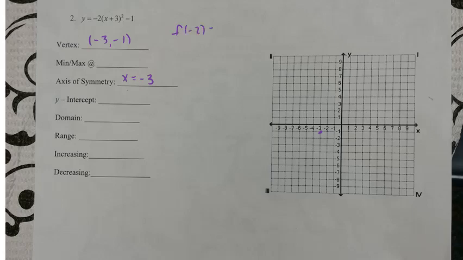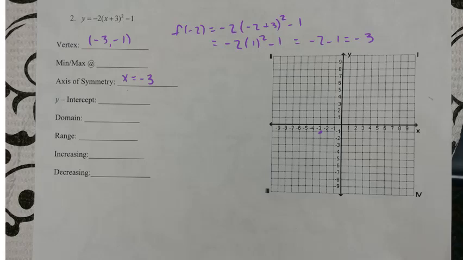So f of negative 2 would be, let's see, so negative 2 times 1 squared minus 1 would be negative 2 minus 1, which is negative 3. So negative 1, negative 3.